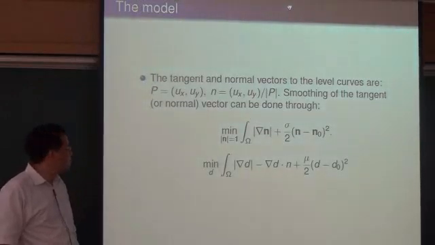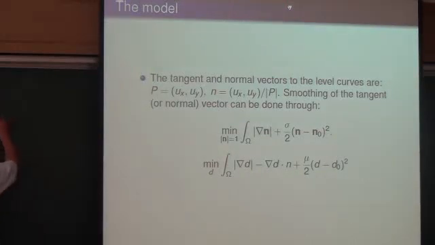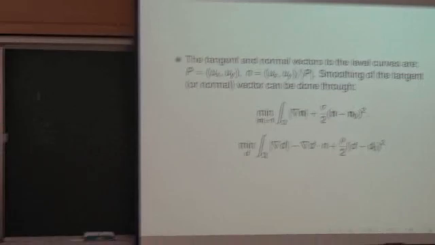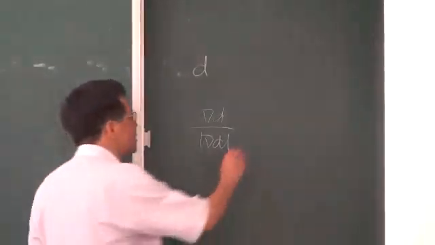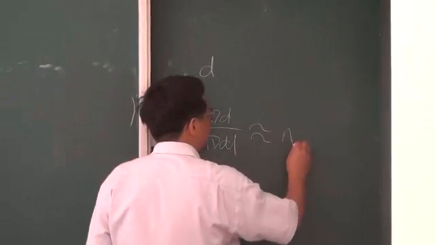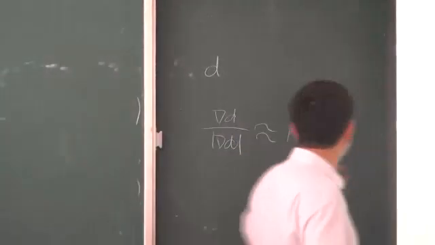After you smooth the normal vectors, how do you recover the image? I want to recover the image D, whose unit normal vectors should be as close as possible to the smoothed ones. N0 is the noisy one, and here is the smooth one.